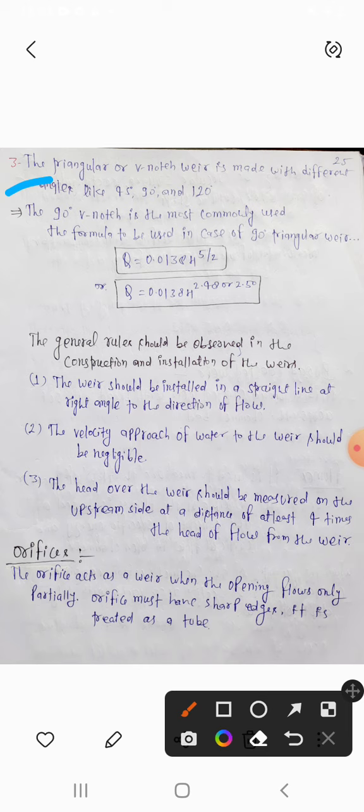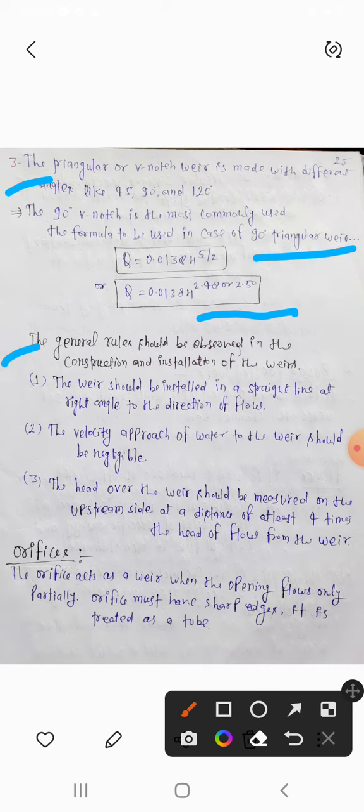The 90 degree V-notch is the most commonly used. The formula to be used in case of 90 degree triangular weir is Q equals 0.0183 H to the power 5/2. And now come to the general rules that should be observed in construction and installation of the weir.